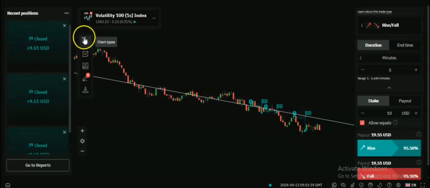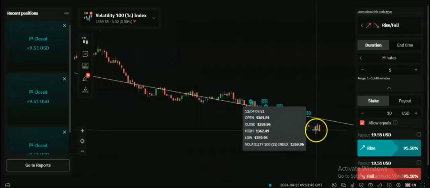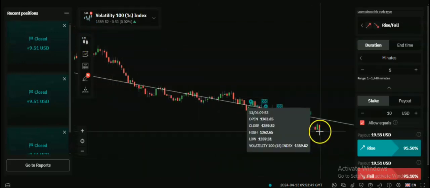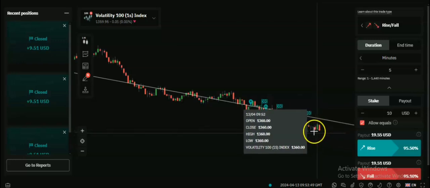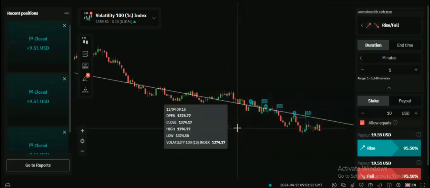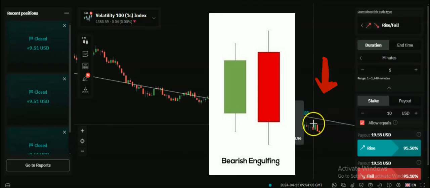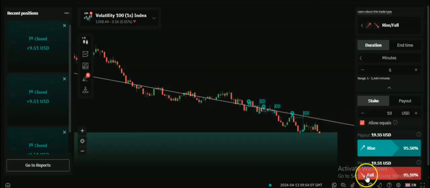If you watch your screen very well, you will see that we have chosen 1 minute as our candlestick time frame, and then you can see that the engulfing pattern has formed. This is known as the bearish engulfing pattern. It is telling you that the trade is still going down.